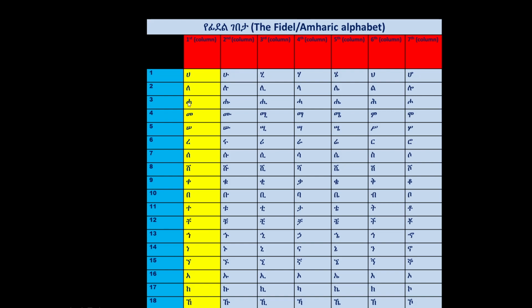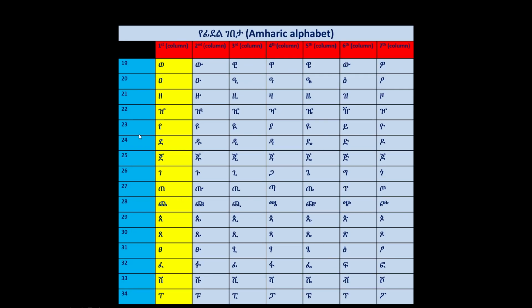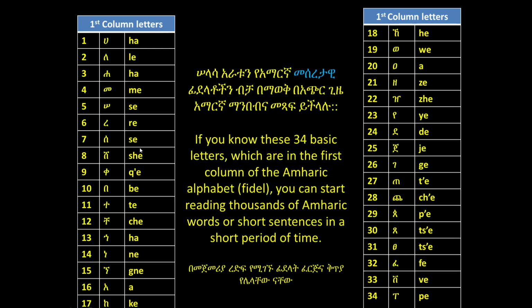Ha, le, ha, me, se, re, se, she, ke, be, and so on. Tse, tse, fe, ve, pe. This is just to make it easy for you. Ha, number 1. Le. Me. Se.